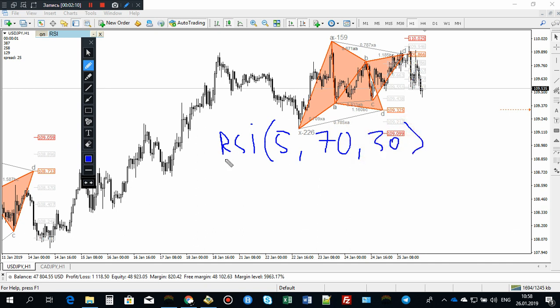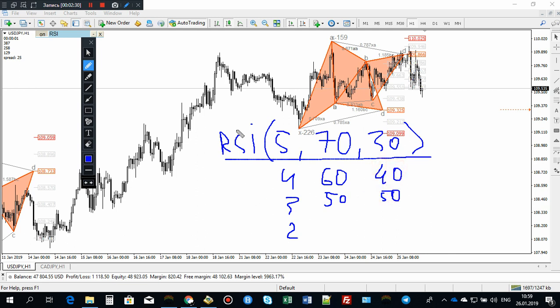So also, if you wish to backtest smaller patterns, you can set period 4, period 3, period 2, for example, and you can set overbought conditions to 60, to 50, or to whatever, and the same with oversold to 40, to 50, and the algorithm will be more sensitive to market noise.